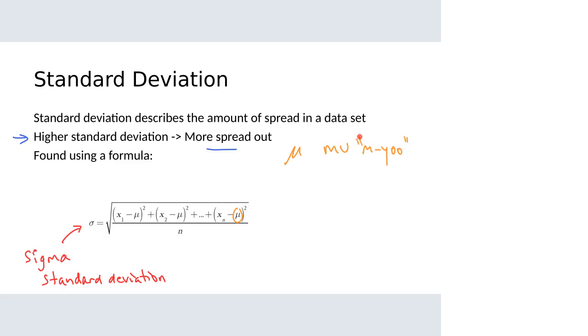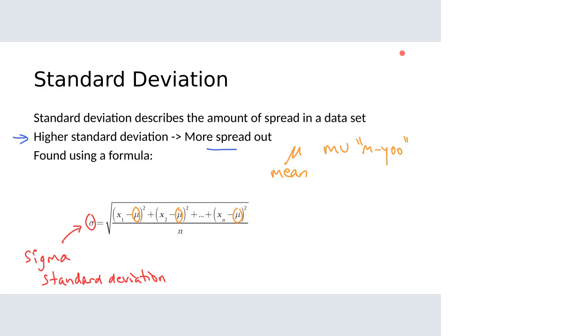It's the lowercase Greek letter mu, and that's going to be the mean of our data set. We see that appears in several different places. So sigma here is just a symbol that represents our standard deviation, and mu just represents the mean of the data set.